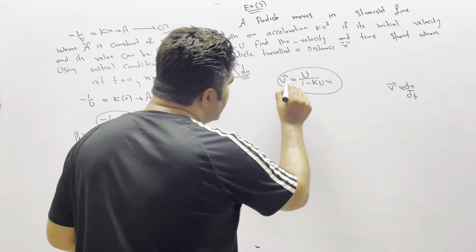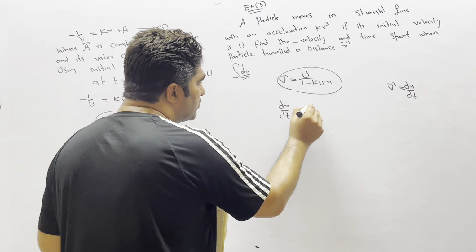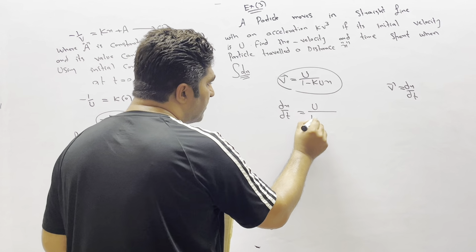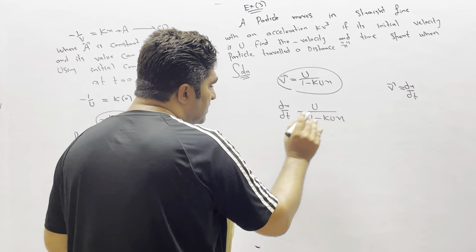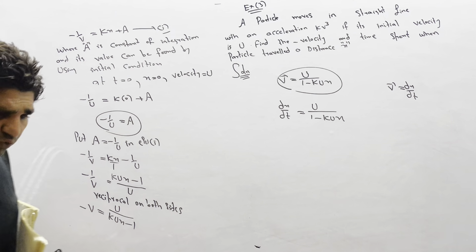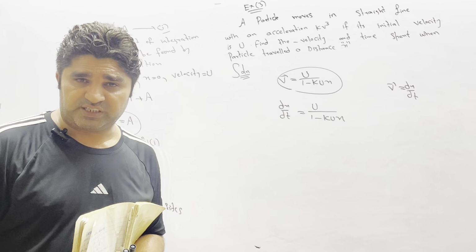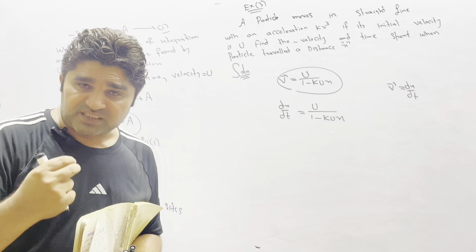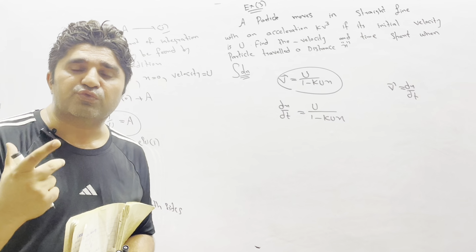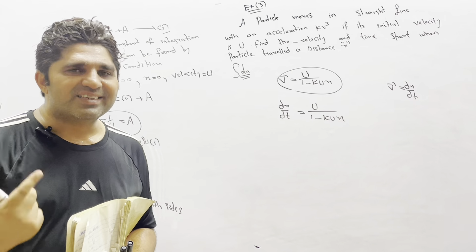So rather than v, I can write here dx over dt equal to u divided by 1 minus kux. Again, this is a differential equation, and I want to solve this differential equation. I hope you studied in the mathematical methods chapter number 9 how to solve a differential equation. First of all, you make it separable form, then you integrate it on both sides.